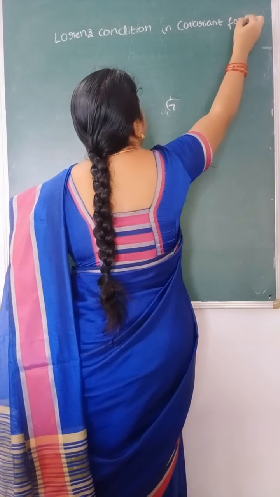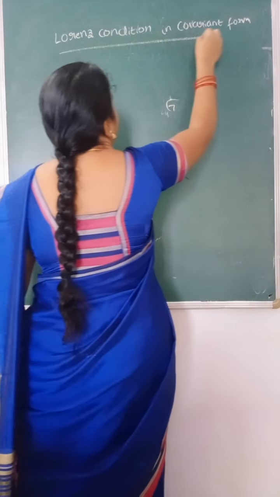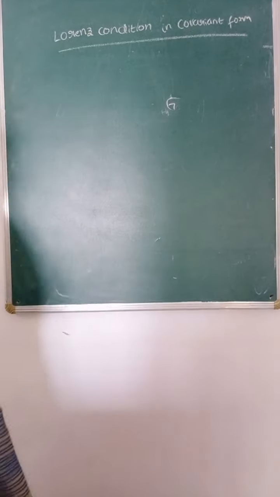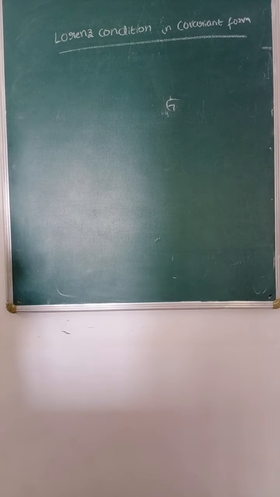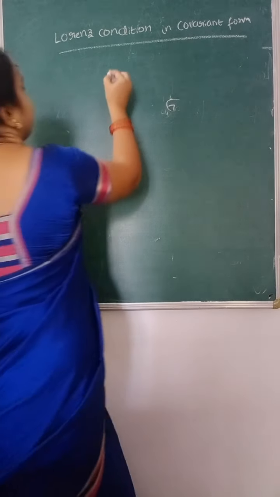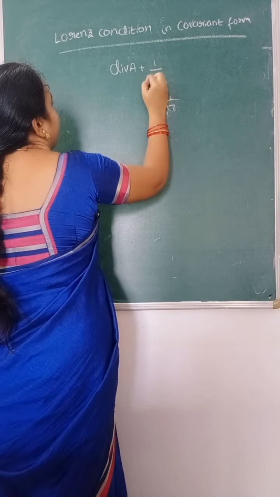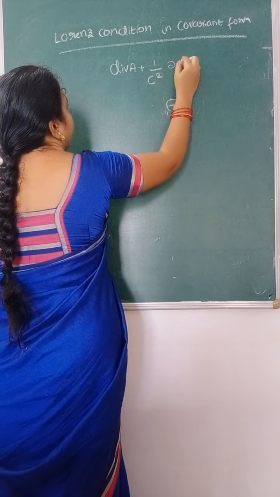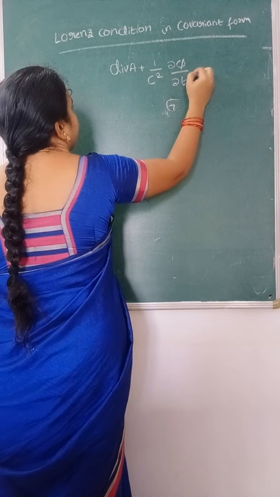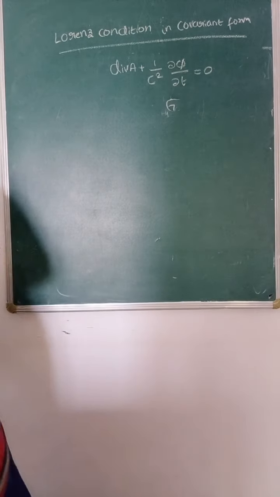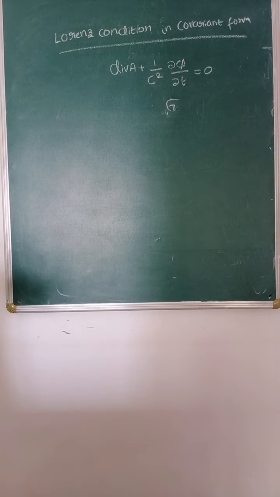Covariant form means in 4 vector form. What is the Lorentz condition? Divergence of A plus 1 by c square dou phi by dou t is equal to 0. So this is the Lorentz condition.